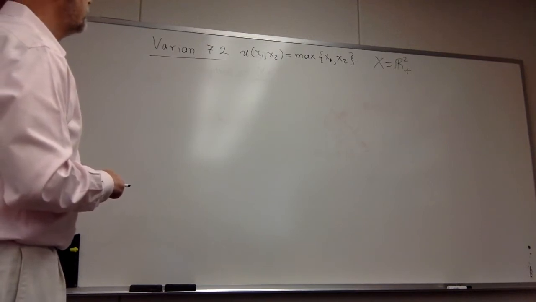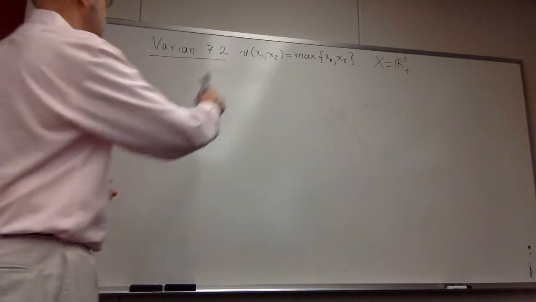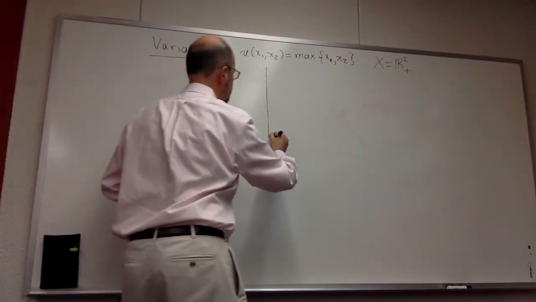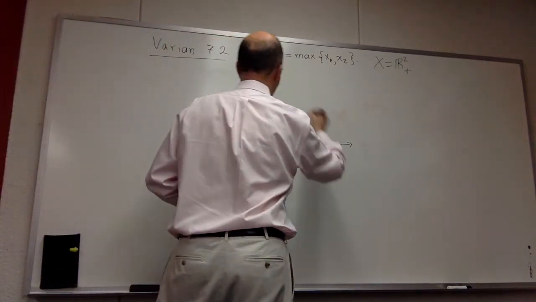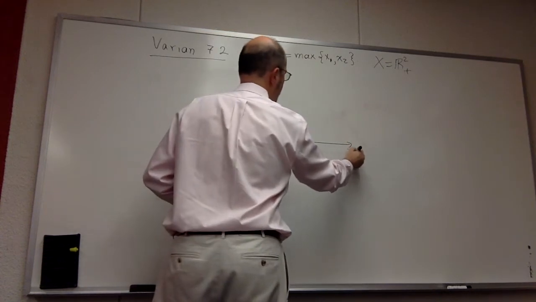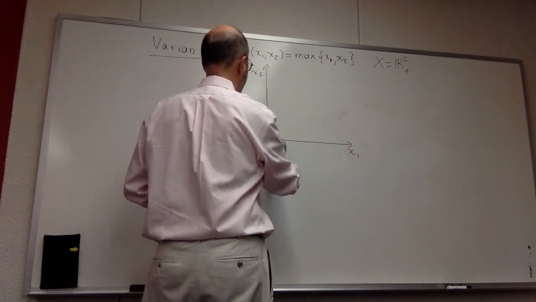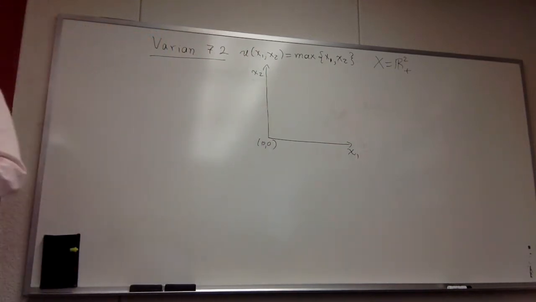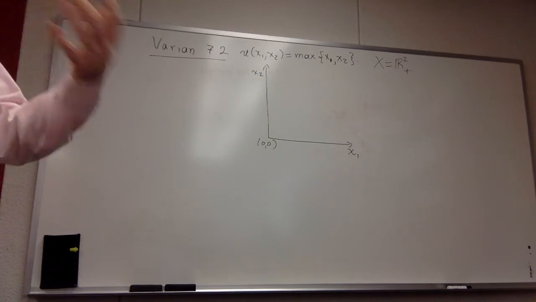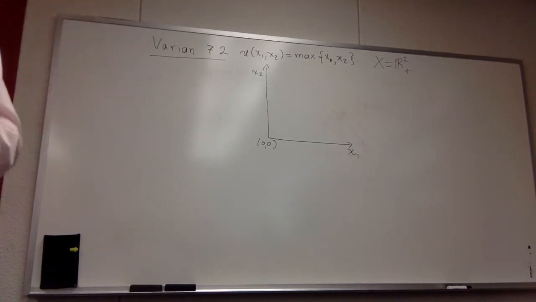Now, here's my consumption set. Let me try to make an indifference curve and begin to understand what it looks like in this preference relation.